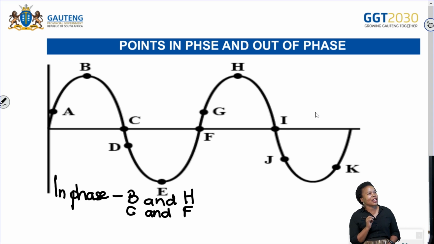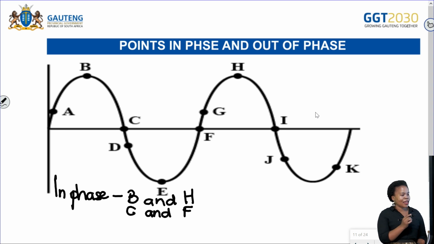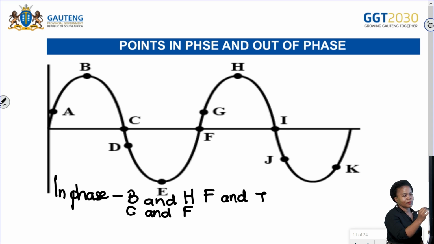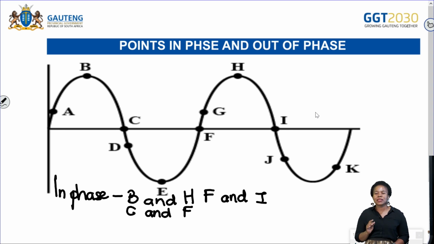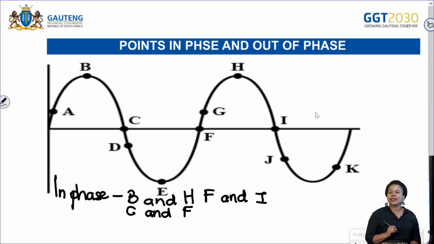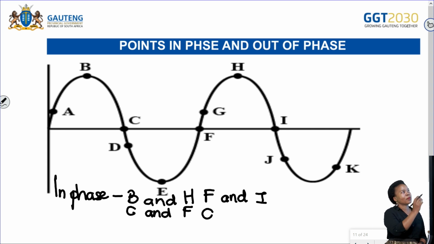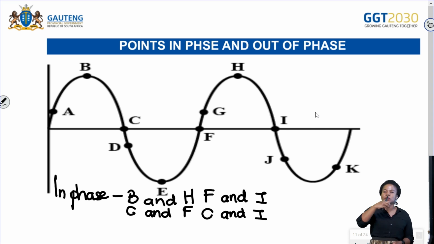Someone else can say F and I. Someone else can come and say, okay, another ones that are in the same state of vibration will be your C and I. Remember, C, you see, and your I over there. So all of these points are in phase because they are in the same state of vibration.